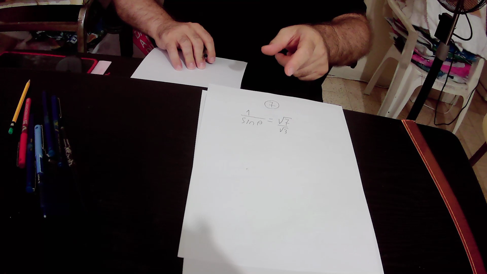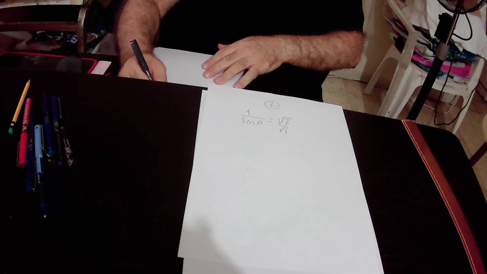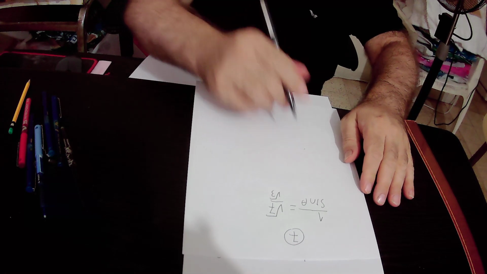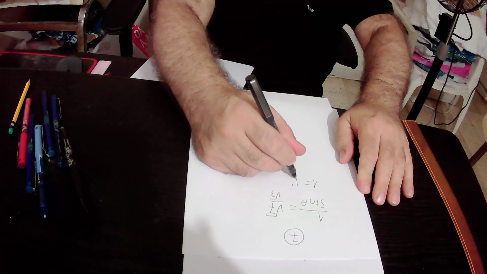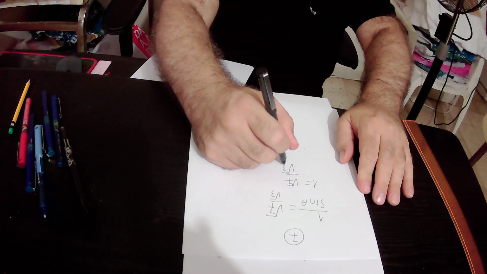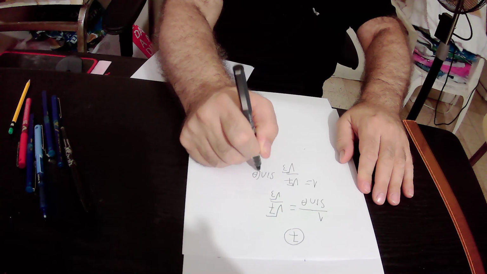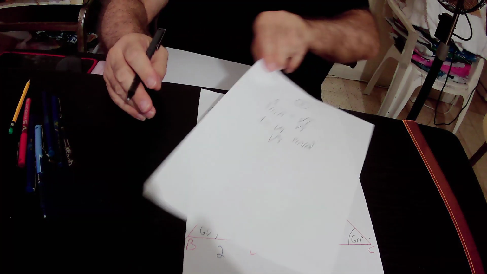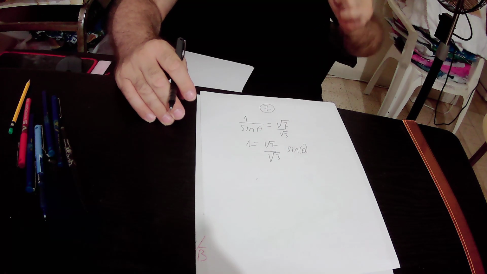Here we will multiply this equality by sinus theta, and we will get that 1 equals root of 7 over root 3 times sinus theta. Okay, we got that 1 equals root 7 over root 3 times sinus theta.